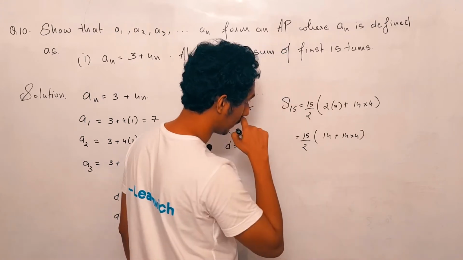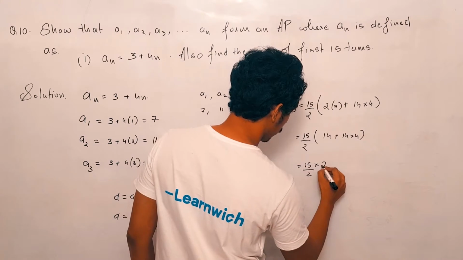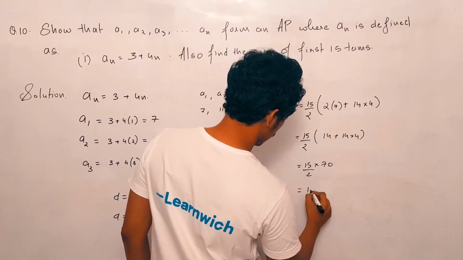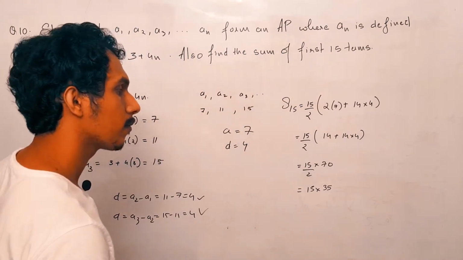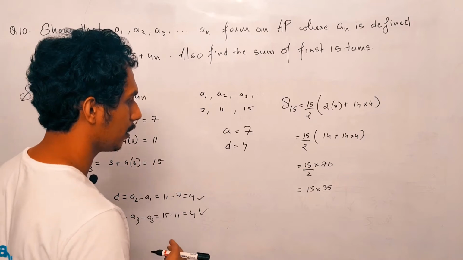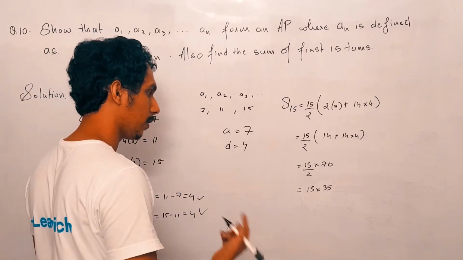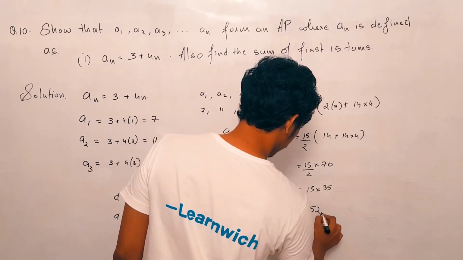If you take 14 outside, that will be 1 plus 4, 5, 70. So 15 by 2 into 70. The answer is 15 into 35. So what will be the answer? 15 into 35? 350 plus 150, 500 plus 25. The answer should be 525.